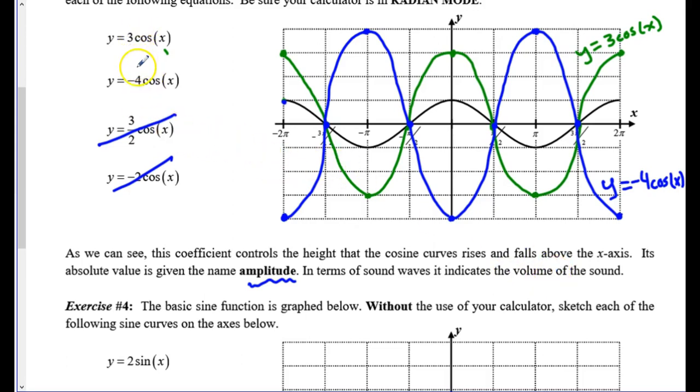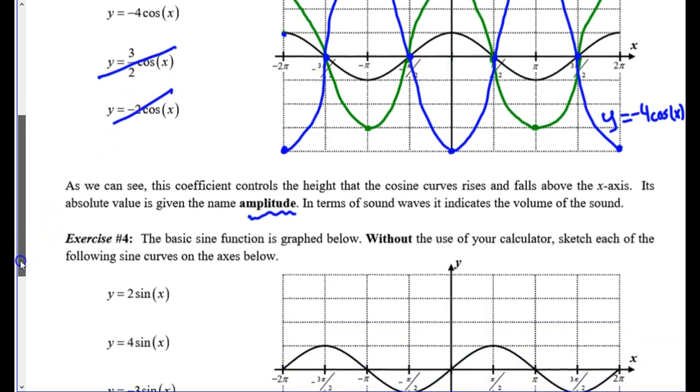And you might have heard of AM radio, that's amplitude modulation. So this 3 means that the amplitude of the graph is 3. It goes 3 above and 3 below the midline. Whereas this 4, the absolute value of this coefficient, means it goes 4 below and 4 above the midline, which in this case is the x-axis.